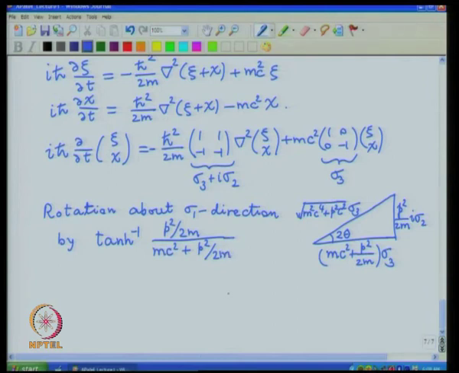And one can easily now define a transformation which achieves this.